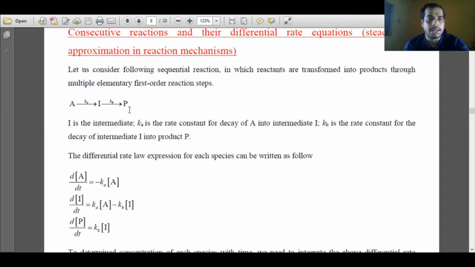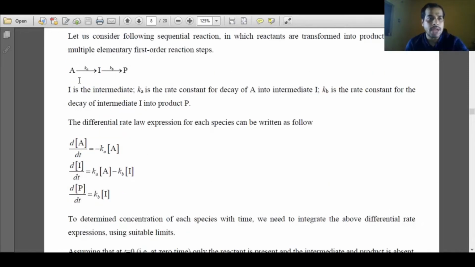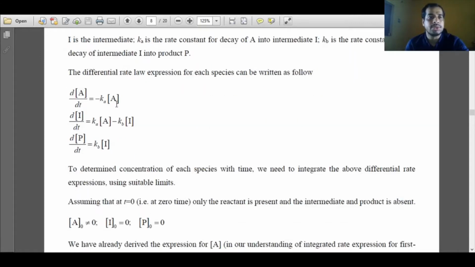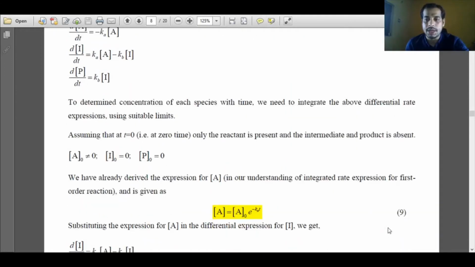We'll evaluate that. We'll first start with the reactant A, then we'll evaluate for intermediate I, then for product P. So to start with the reactant A, to know what the reactant concentration is at any time t, we have to integrate the rate law expression for the reactant A. If we do the integration, we get an expression like equation 9.